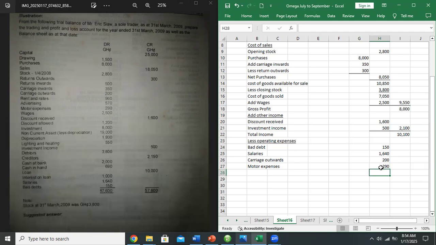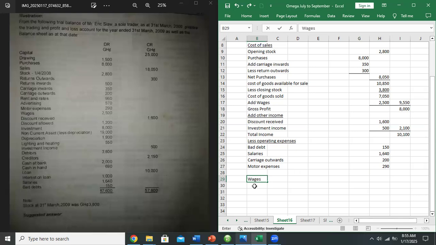Okay, so you know what? Screenshot that bit where it says wages is part of your operating expenses, but as your teacher, this is what I'm telling you. When you see wages, as in wages like this, it is part of the direct trading expense. So it is added to the cost of goods sold in the trading account like we have done.